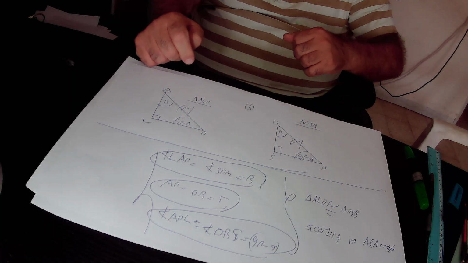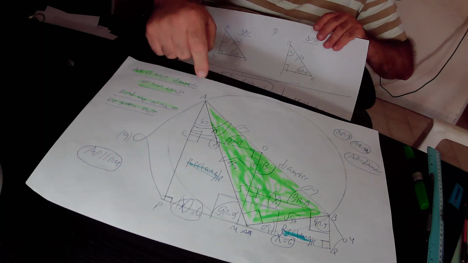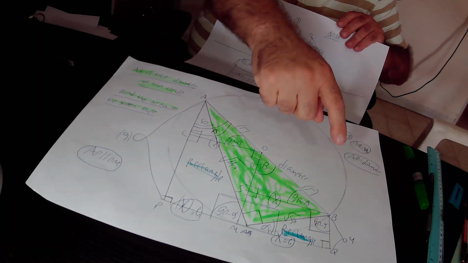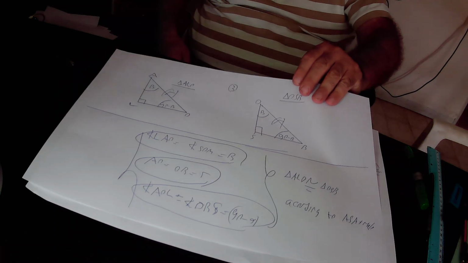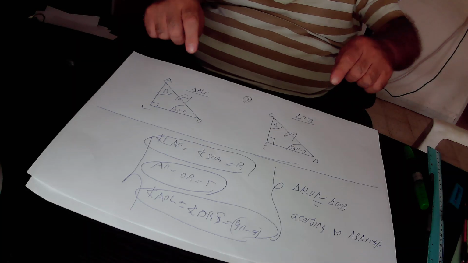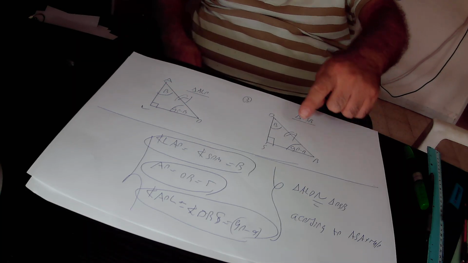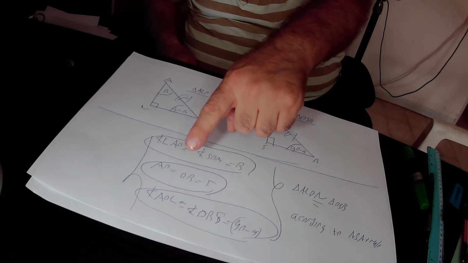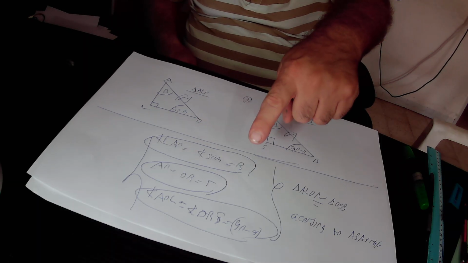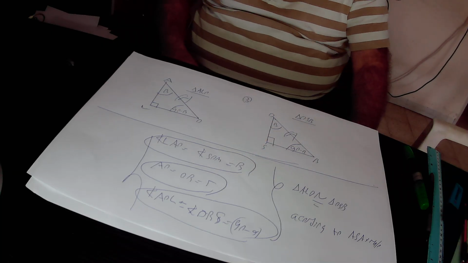In addition, AO equals OB. They are both the radii of the circle, equal to R, therefore they are equal to each other. AO equals OB equals R. And finally, those two angles are both equal to 90 degrees minus beta, and therefore they are equal to each other. So angle AOL in the right triangle AOL is equal to angle BOS in the right triangle BOS.